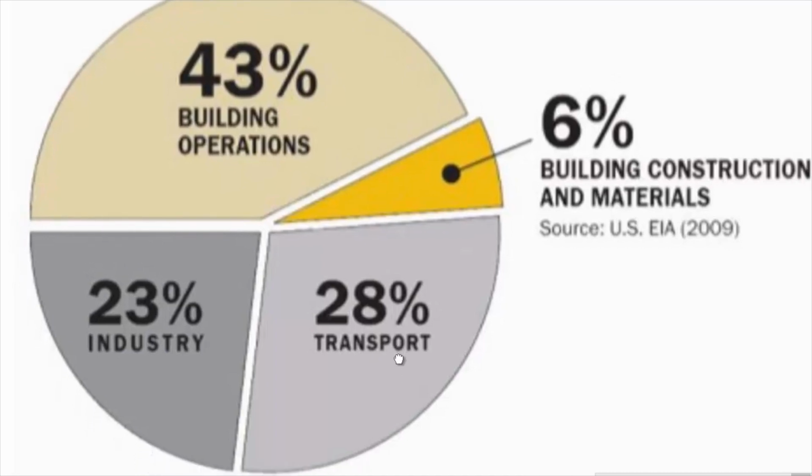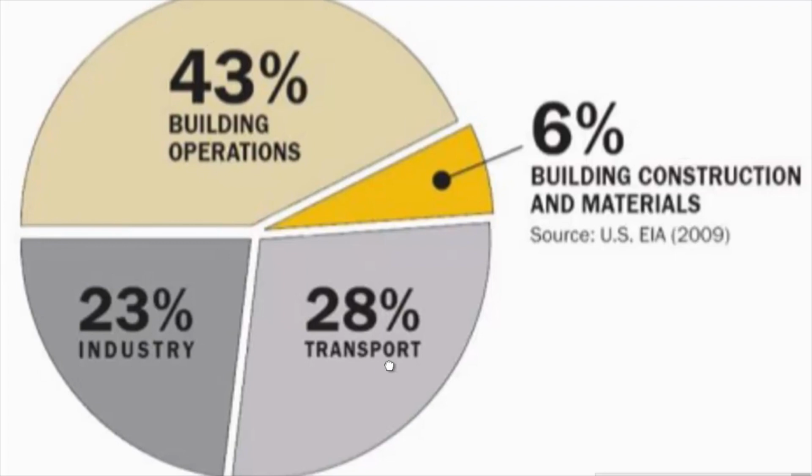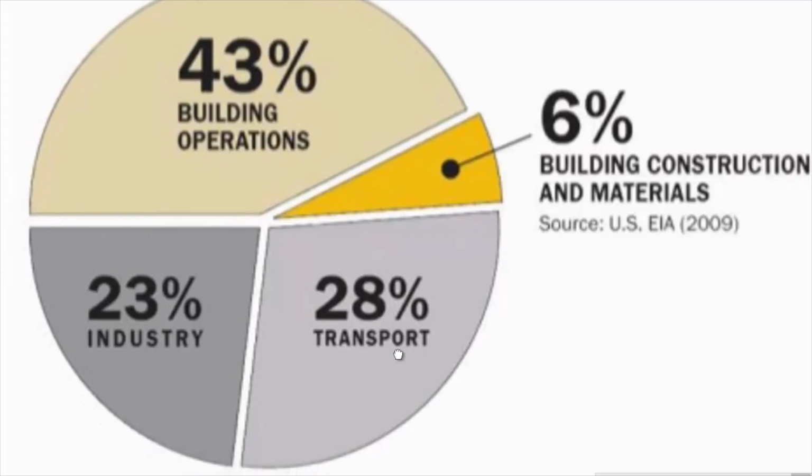Here we can understand that when materials are transported from manufacturing to the site, 28% of fuel is consumed, and from the industries to the building operation it takes about 43%.